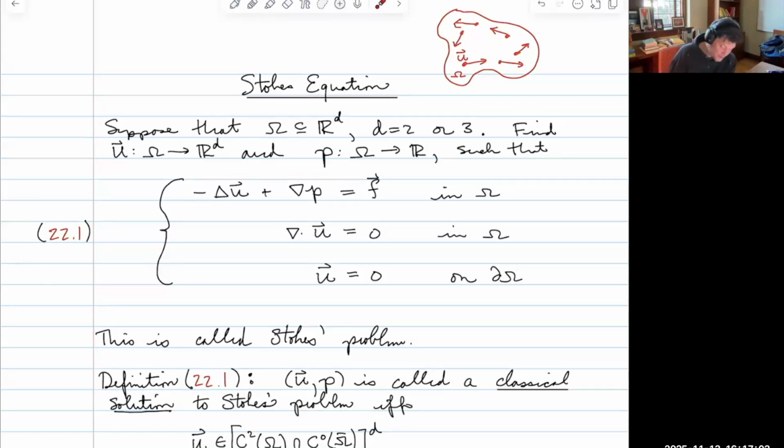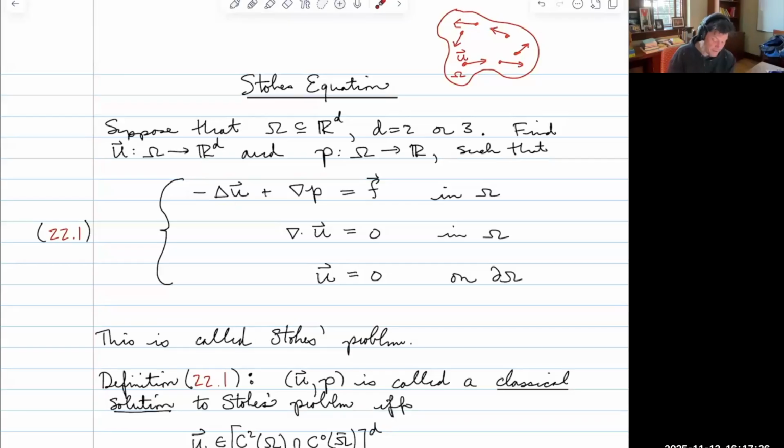Let's look at this equation. Well, we've got to figure out what this Laplacian means when I apply it to this vector function u. And here's what I mean by that. The Laplacian is typically applied to a scalar function. You can think about the Poisson equation that we've talked about previously. I apply the Laplacian to a scalar function u, and I could set that equal to a scalar forcing function f. Well, in this case, we're going to apply the Laplacian to each component of u.